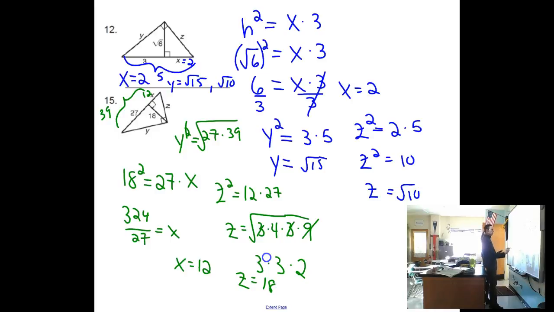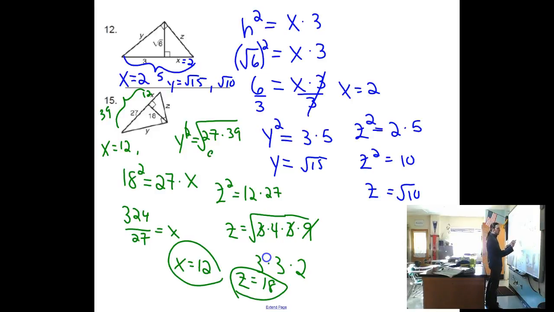So I know this one. Boy, try following all that work. x equals 12. z is 18. And y, 27 times 39. That would be 9 times 3 times 3 times 13.